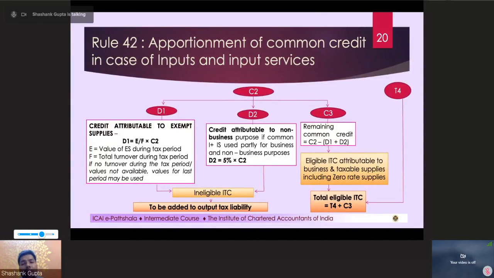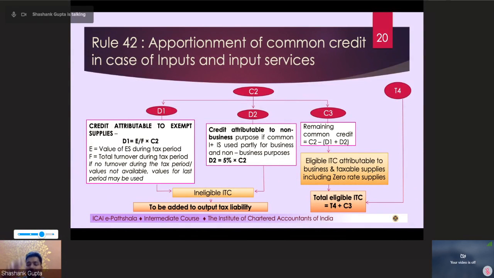And this amount, simply what we need to do is, we need to attribute it in the ratio of exempted turnover over total turnover. And this has to be a monthly exercise.